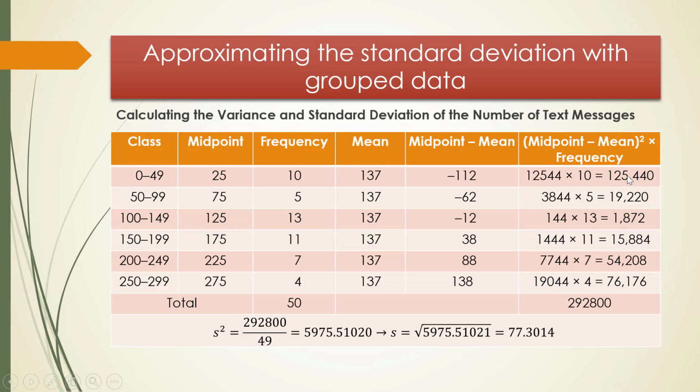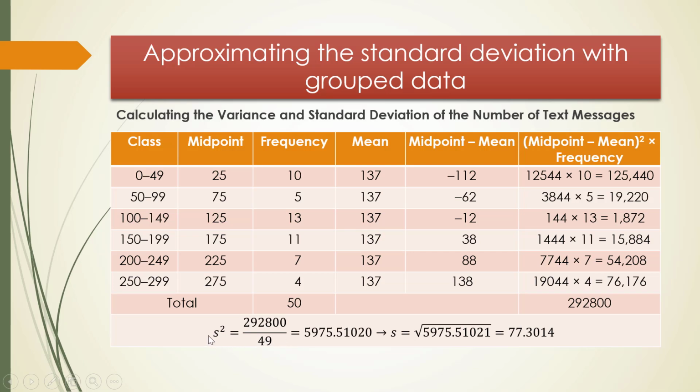We collect 6 numbers representing the 6 classes, then add all these together. We got a total of 292,800. Now to find the variance, remember this is the sample variance, so we divide by the sum of frequencies minus 1. So we have 50 minus 1, because here we collected a dataset of 50 people. So the degrees of freedom is 49, n minus 1.